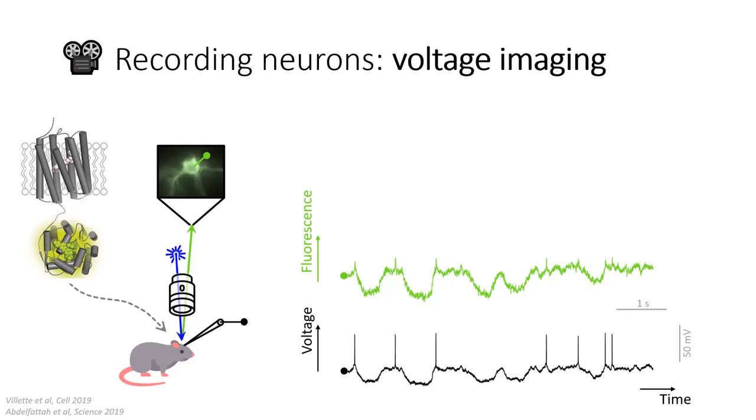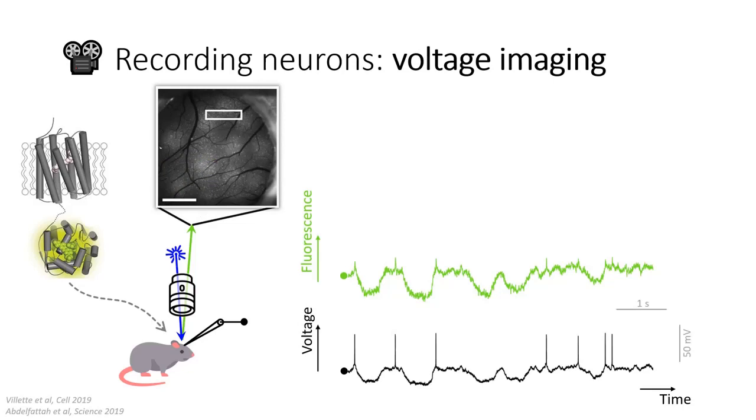And you can see it's not perfect, but you can still see both spikes and subthreshold voltage fluctuations. And this last fact that you can see the subthreshold fluctuations is quite important for our idea, as we'll soon see. So here we're looking at just one neuron in the microscope, but you can just zoom out and get a wider field of view.